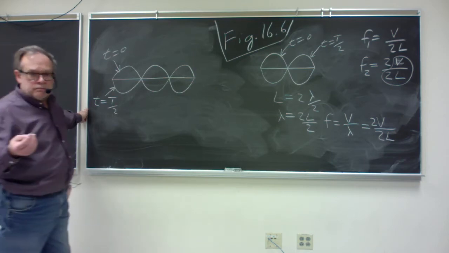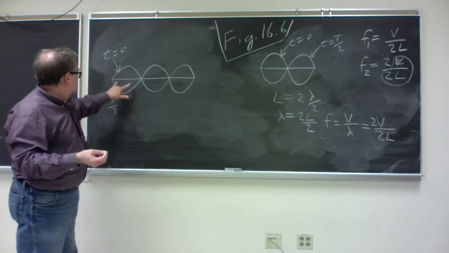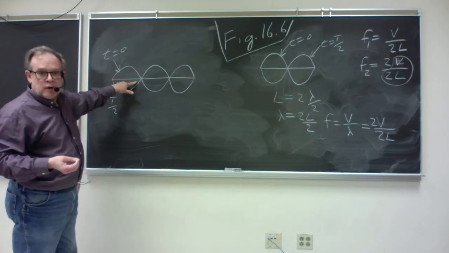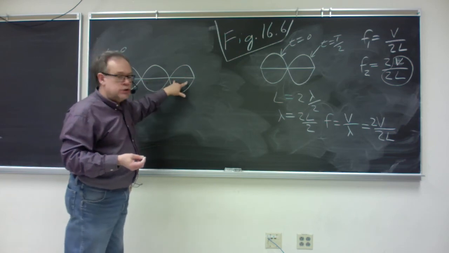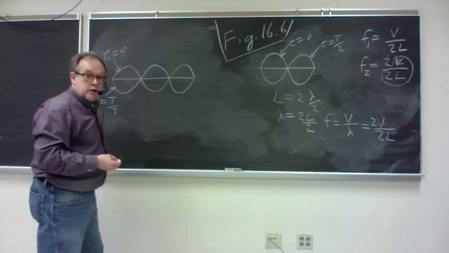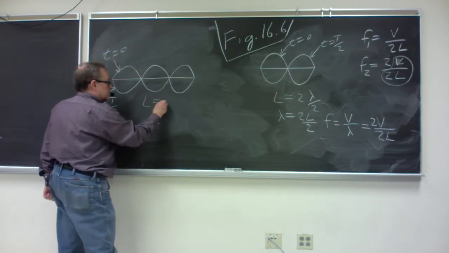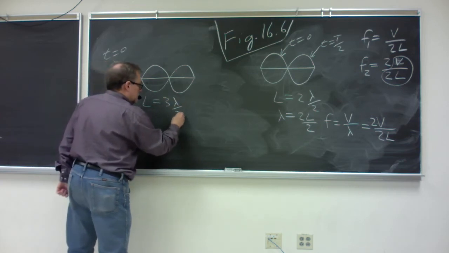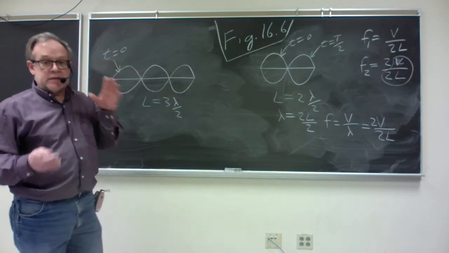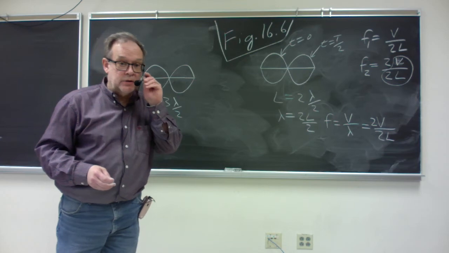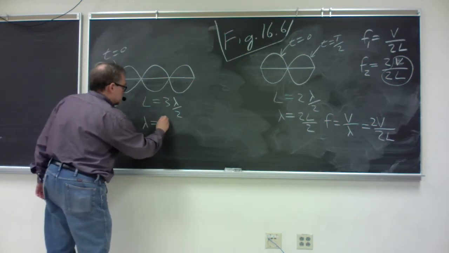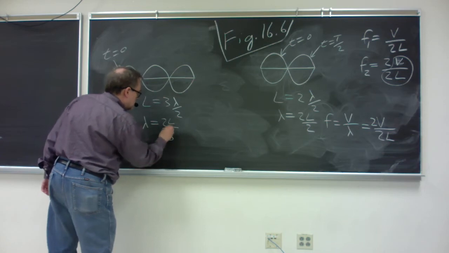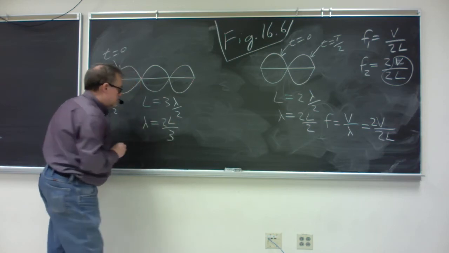Now, do the same thing. Node to node, that's half a wavelength. Node to node, a second half wavelength. Node to node, a third half wavelength. So 3 half wavelengths fit onto that string length, which means that the wavelength itself is just 2L over 3.